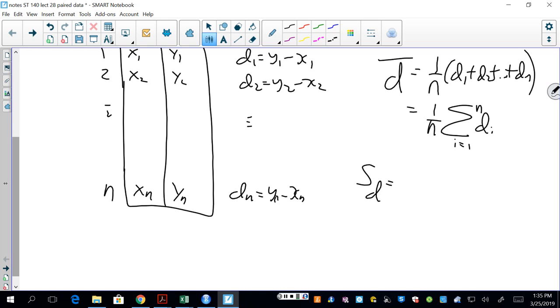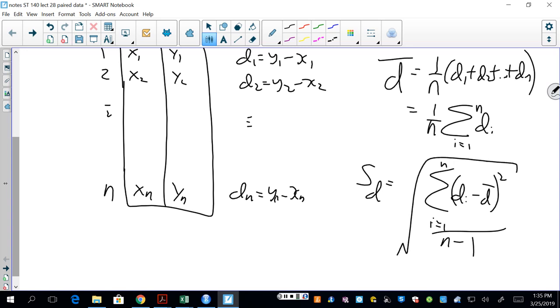How do we get a standard deviation? Well, we take each d sub i minus its average, squared. Take each of the differences minus the average difference, square it, add all those up across all i going from 1 to n cases, divide all that by n minus 1, take the square root of the entire thing.